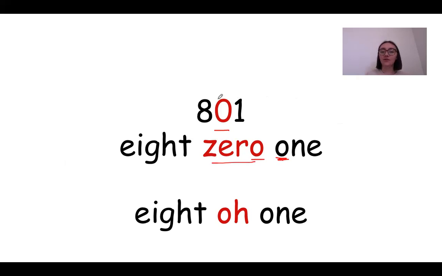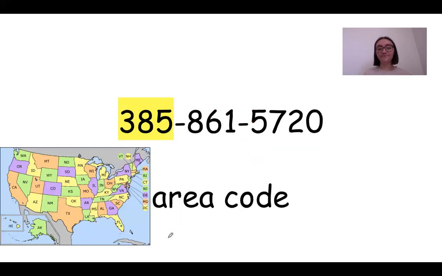It doesn't mean that you put the letter O in the numbers. That wouldn't make sense. When people say O and they're listing numbers, they mean the number 0. So in English, you can say 801, or sometimes they say 801.